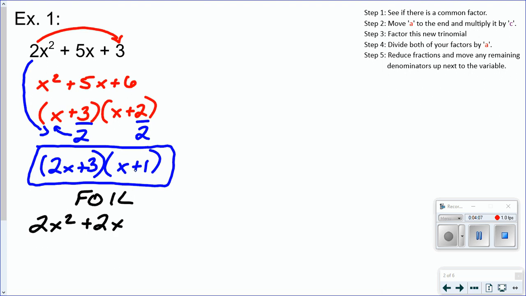Inner, 3 times x gives me 3x. And last, 3 times 1 is 3. Combine like terms here, the 2x and the 3x, and we end up with 2x squared plus 5x plus 3, which is what we started with. So we know that our answer is correct. So let's look at another example.